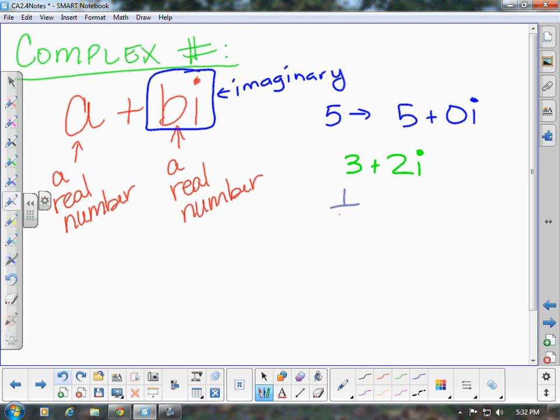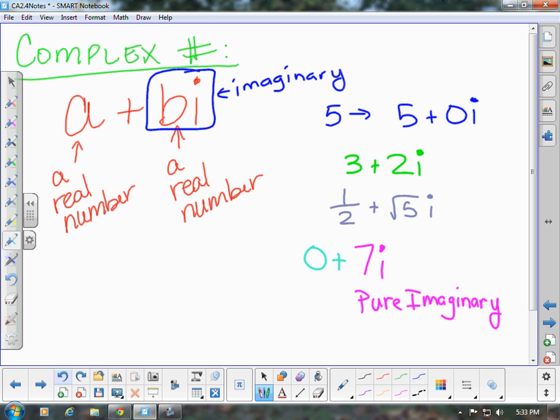Or you could have something like 1/2 plus the square root of 5 i. And if you had just plain old 7i, that is called a pure imaginary number. And if you were to write it in complex number form, it would be 0 plus 7i.